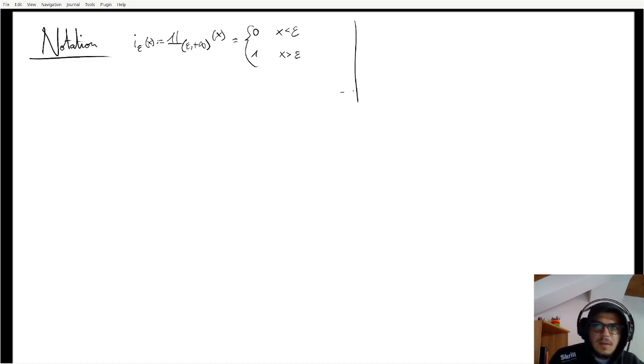So, for example, let's consider a small epsilon here. The indicator is this function here.